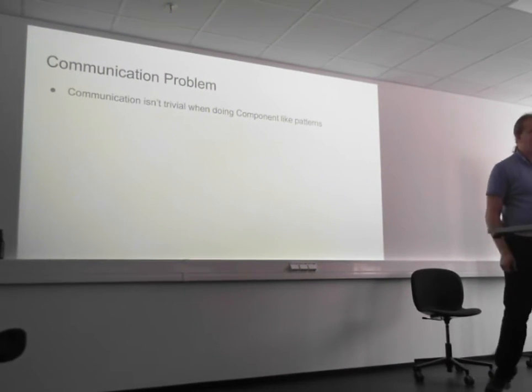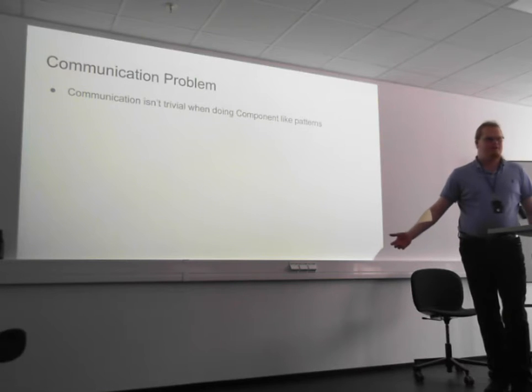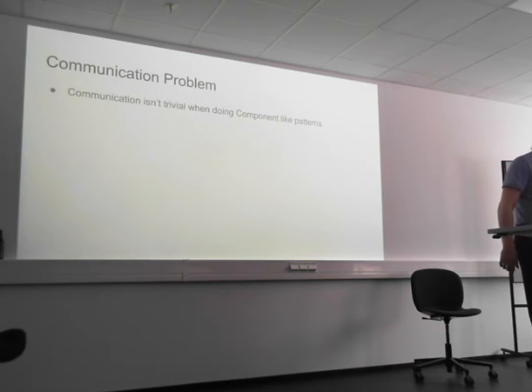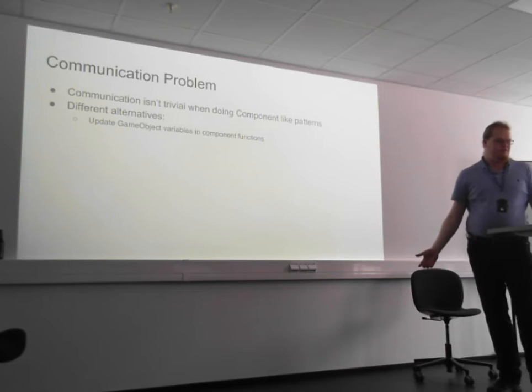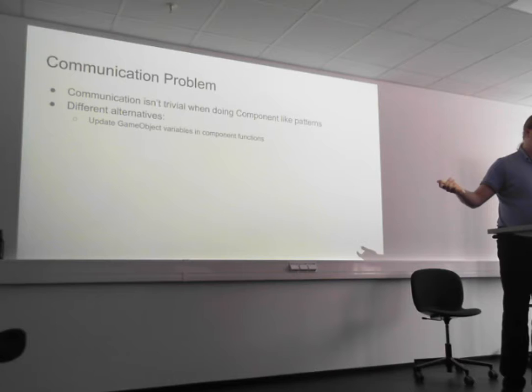It isn't trivial. It's actually one of the things I find hardest to solve. There are different solutions to this. Like I did in the system I showed, you can just update the game object variables in component functions.